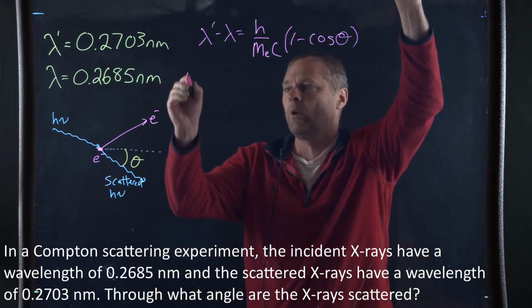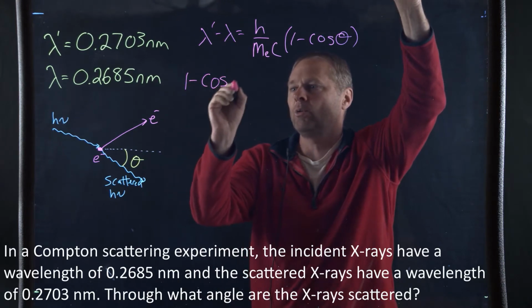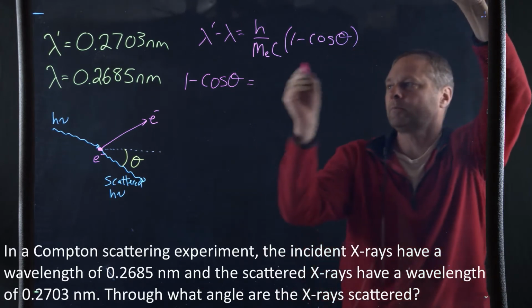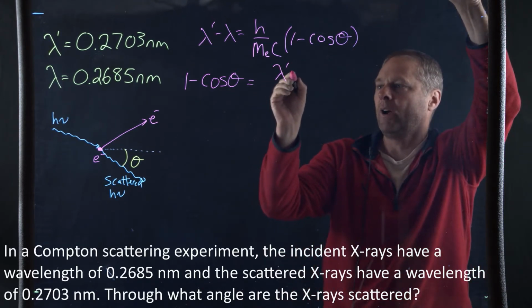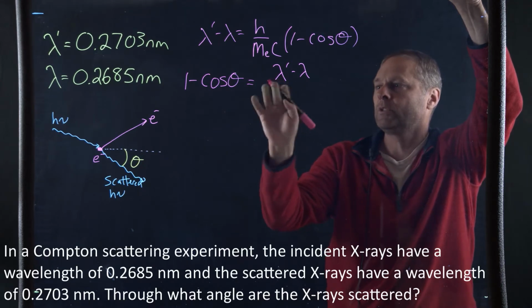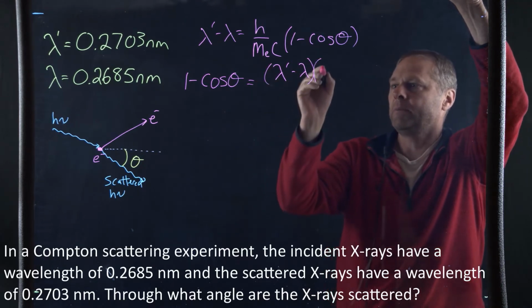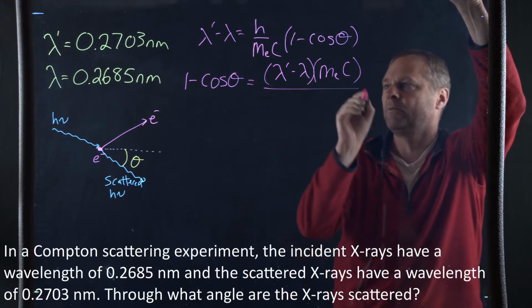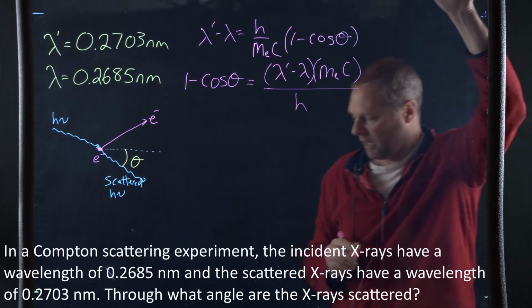So 1 minus cosine theta is equal to lambda prime minus lambda, times the mass of the electron times the speed of light, divided by Planck's constant.